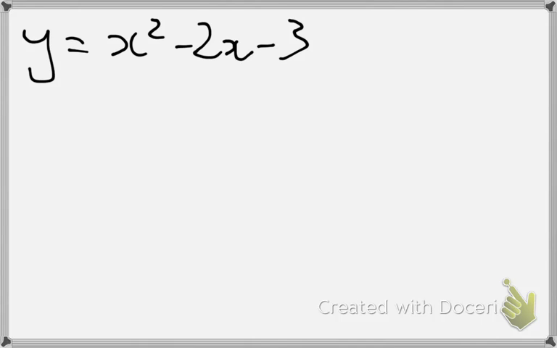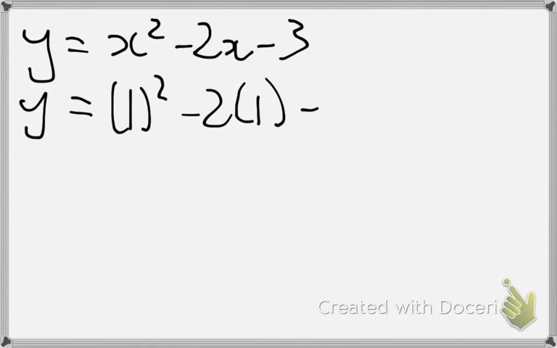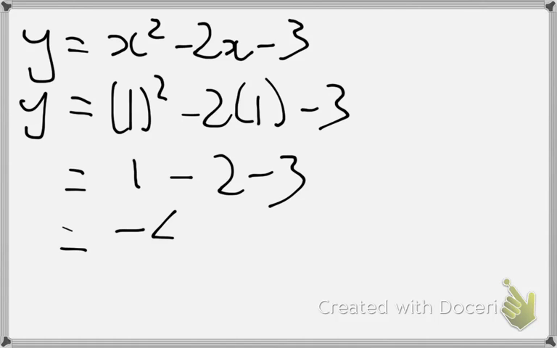So the axis of symmetry was x equals 1. So I sub in x equals 1 to find my y value and get my vertex. So I replace all my x's with 1. I get 1 minus 2 minus 3, which equals minus 4.